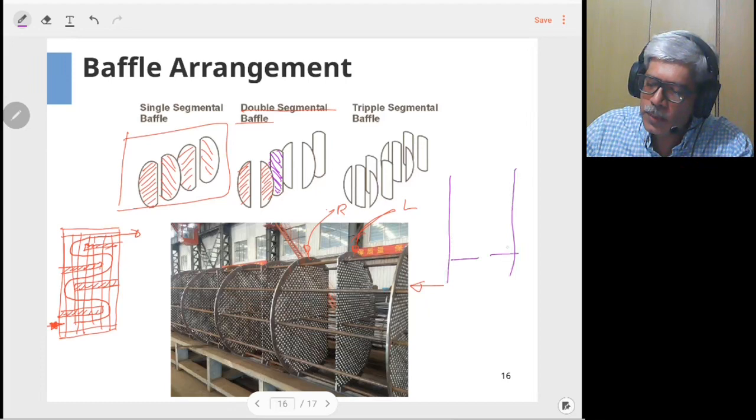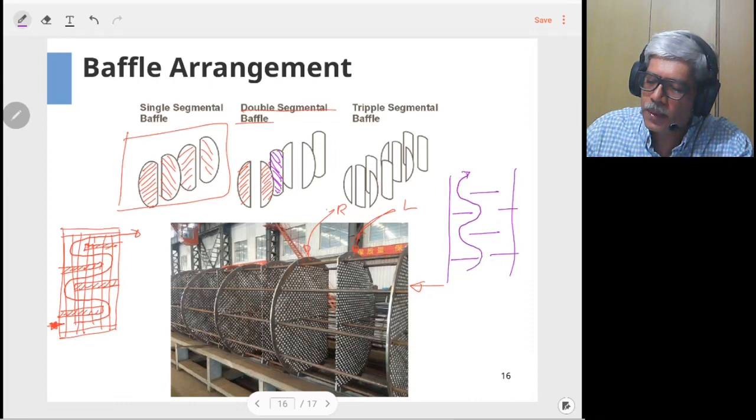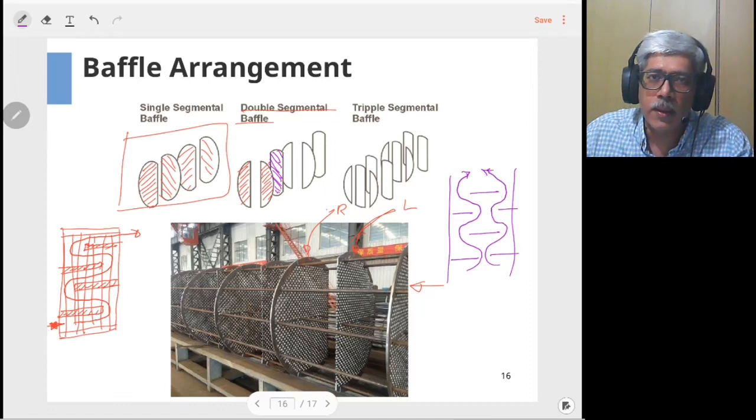So you have an arrangement which is given by this diagram. This diagram exemplifies the arrangement. So the fluid flow would be in this manner. For certain cases, this gives you a better performance. Or you can have a triple segmented baffle, which is an extension of a similar idea.